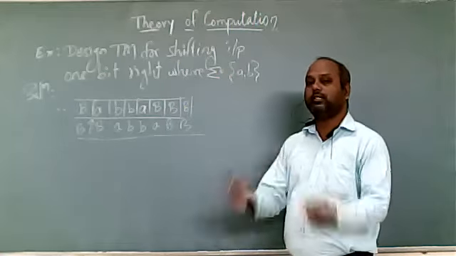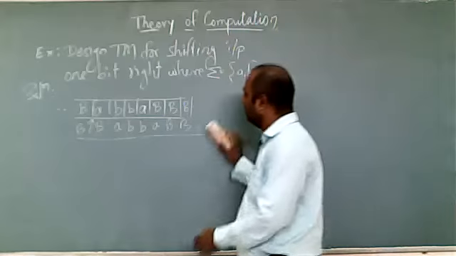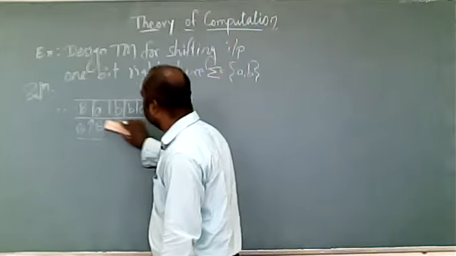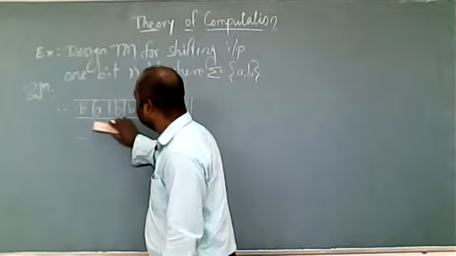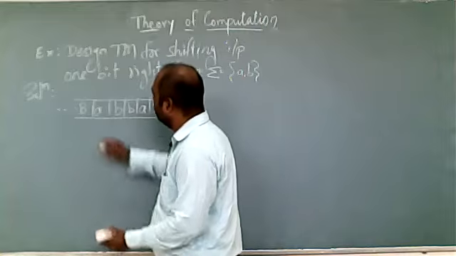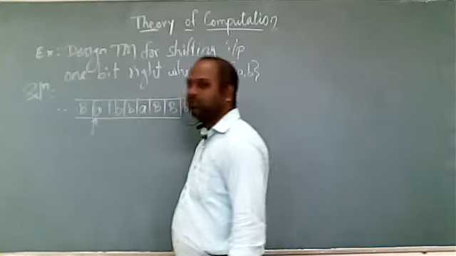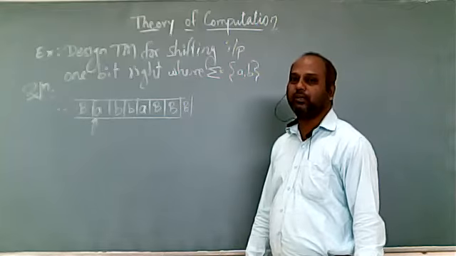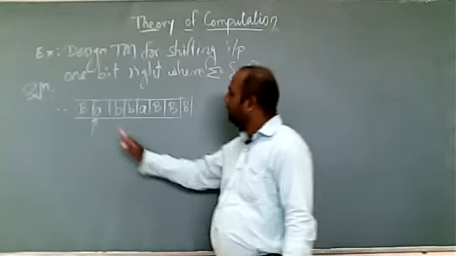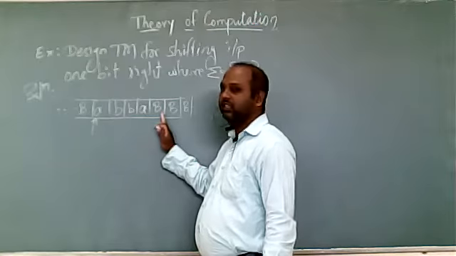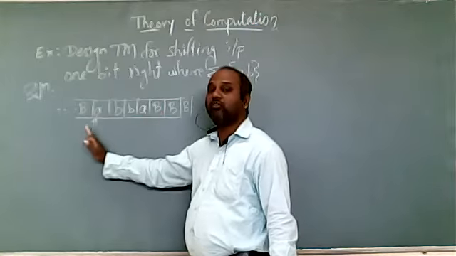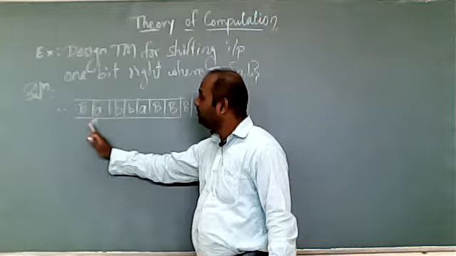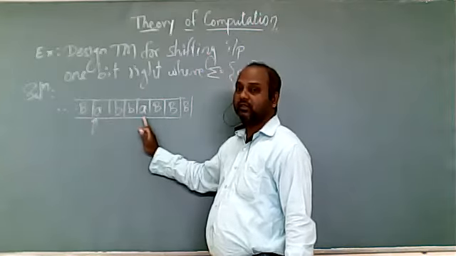Now, how do we design the Turing machine for this? We'll try to find the logic, the algorithm, for designing it. What is the input condition? Your read-write head is always at the first input symbol. Now we have to shift this A here. So first of all, we must reach the end.